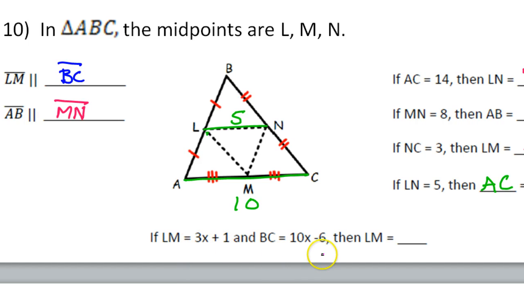What's going on down here? LM is 3x plus 1. BC is 10x minus 6. Find LM. Okay, we've got some equations to do. Alright, they're talking LM. So LM is right here, and we are being told that that is 3x plus 1.